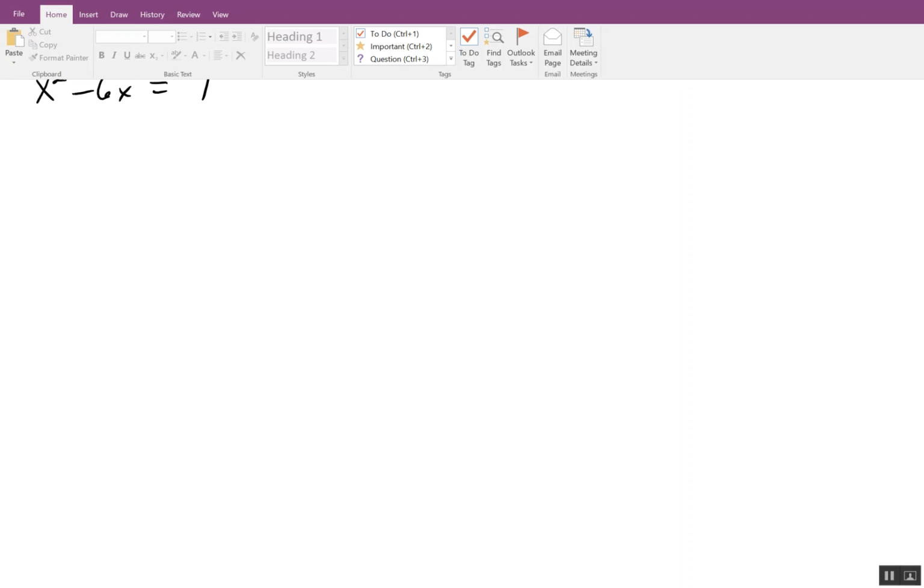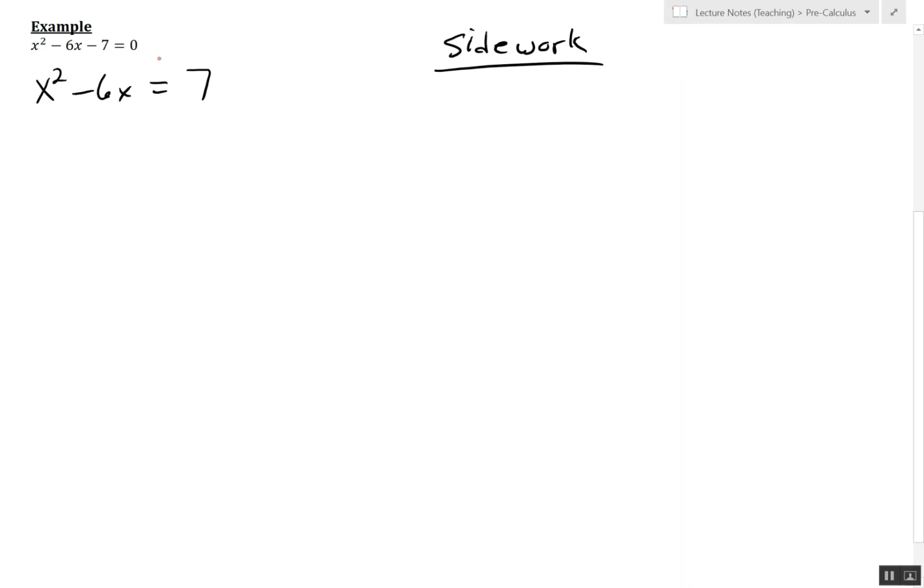So the first thing we need to do is get all the x stuff on one side of the equation and get the constant stuff on the other side. So what we're going to do is, let's do some side work. We're going to take the 6, or this negative 6, we've got to take the sign with it, and we're going to divide it by 2.